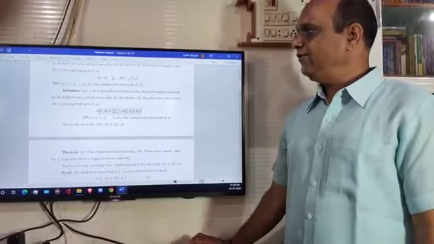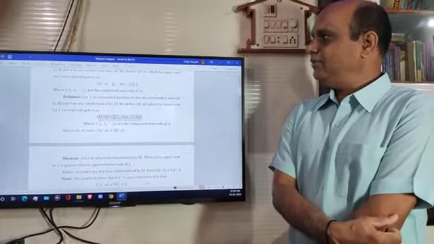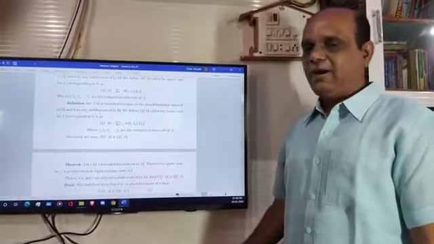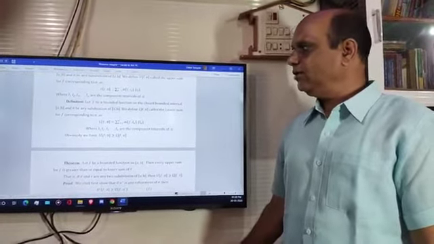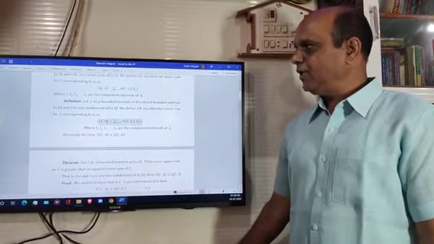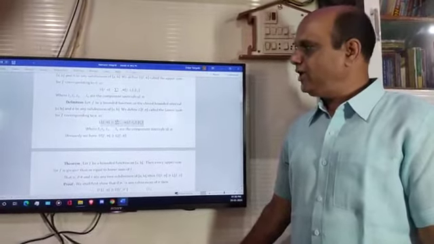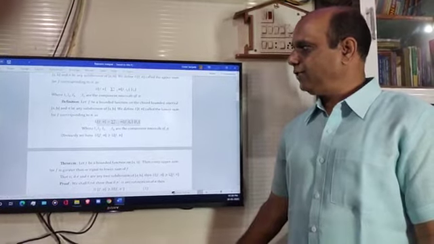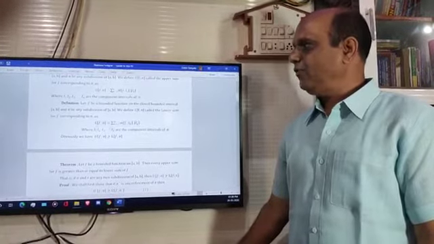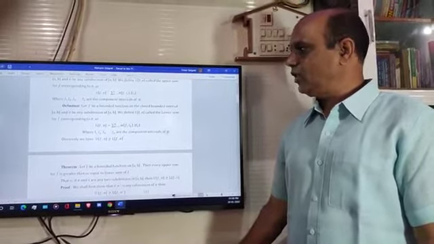Similarly, we can define a lower sum also. The function is again bounded over the closed bounded interval [a, b]. Sigma is any subdivision. Then the lower sum for f corresponding to the subdivision sigma is defined as summation k is equal to 1 to n of minimum of function f over the interval Ik into length of interval Ik, where this Ik are the component intervals of the subdivision sigma.